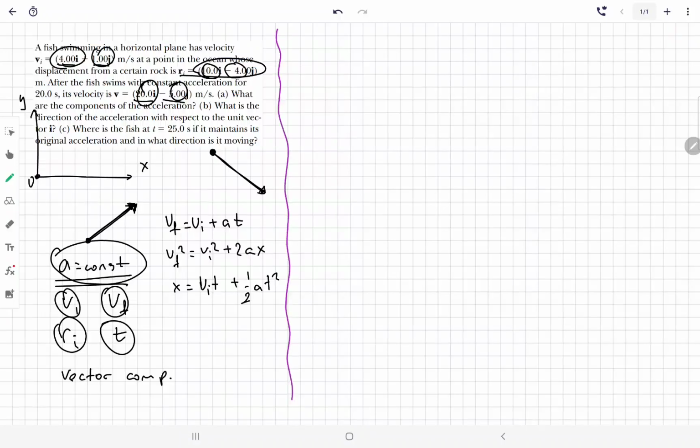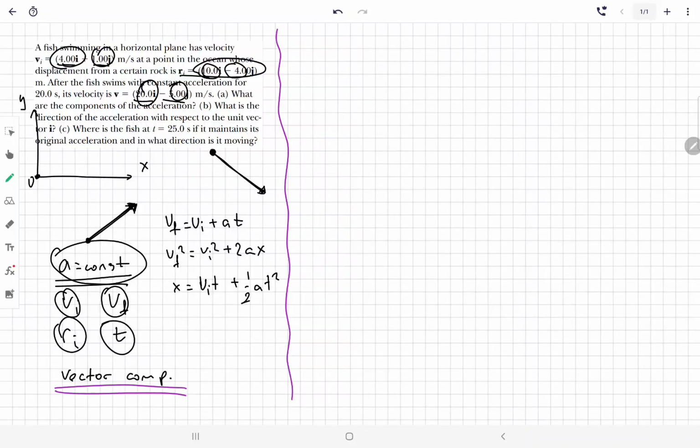This is our frame. Now let's try to solve by using this planning. So we can apply these 3 equations in both x and y directions, because these are components. This is what we already planned.